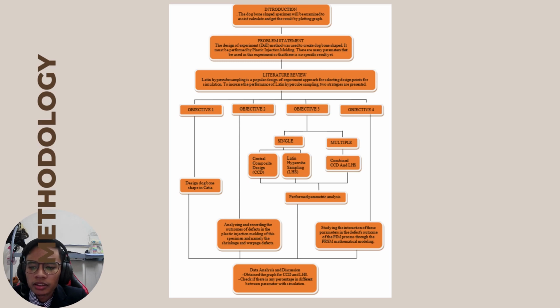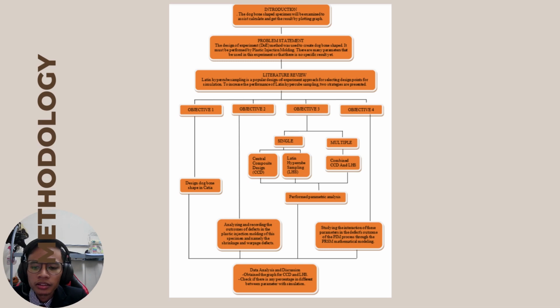Second is analyzing and recording the outcome of defects in the plastic injection molding of this dog bone shape specimen, namely the shrinkage and warpage effect. Third is performing the parametric analysis, and fourth is studying the interaction of these parameters in the defect outcome of the plastic injection molding process through mathematical modeling.